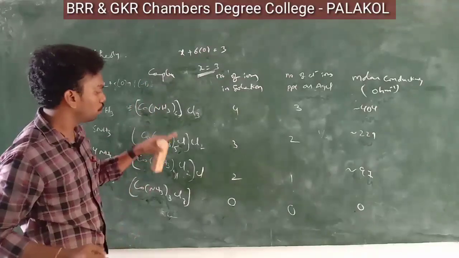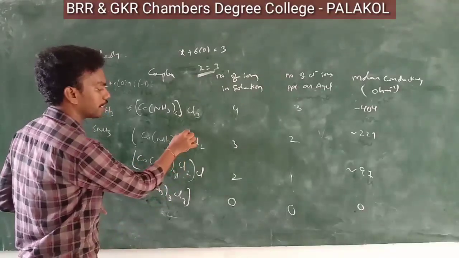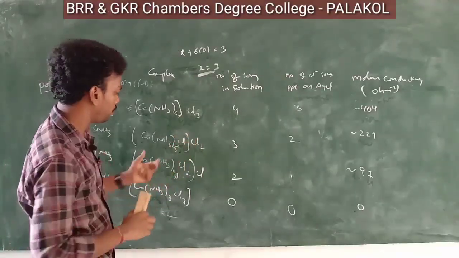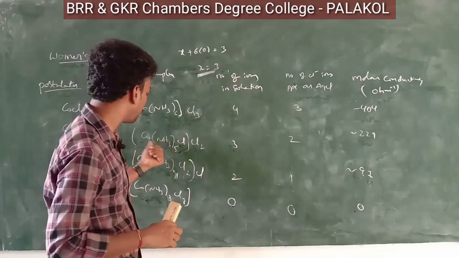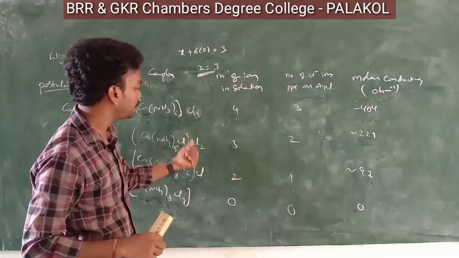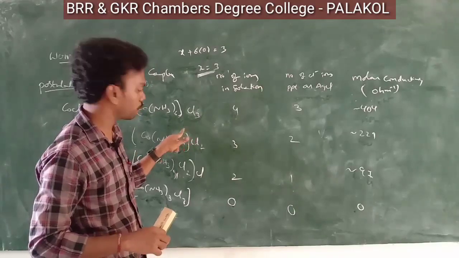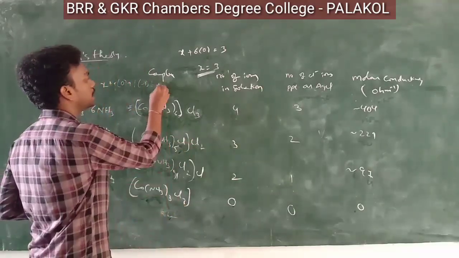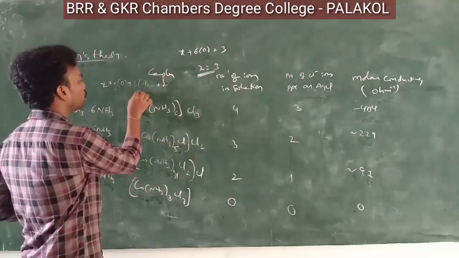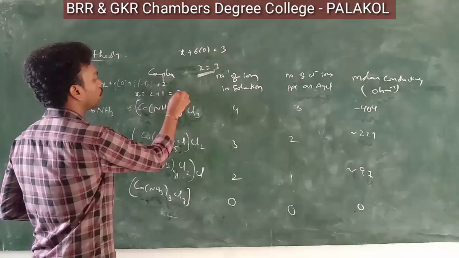That equals the overall charge on the complex. This complex ionizes as [Co(NH3)5Cl]2+ and 2 Cl minus. So over the coordination sphere we have 2 positive charge, this is plus 2. The X comes out to be 2 plus 1, that equals 3.